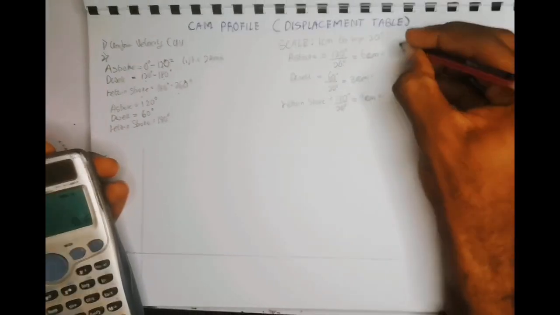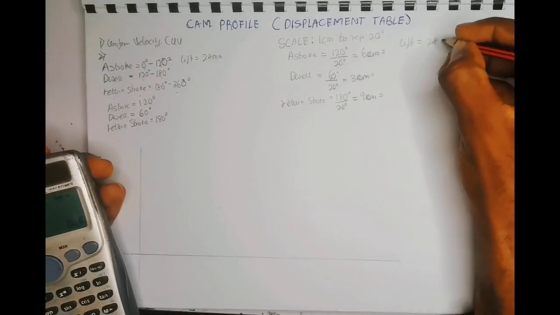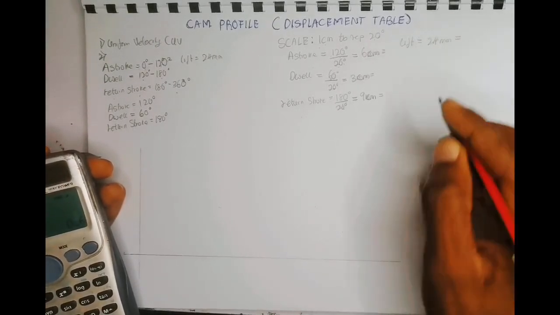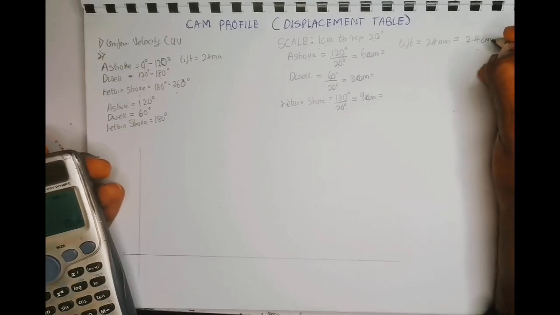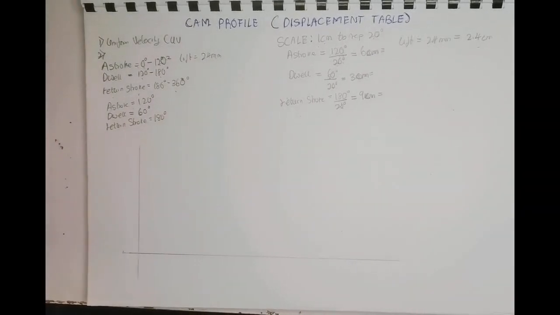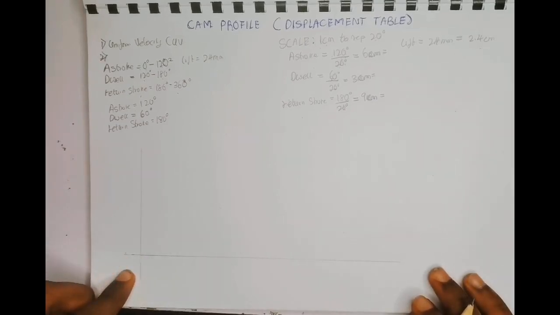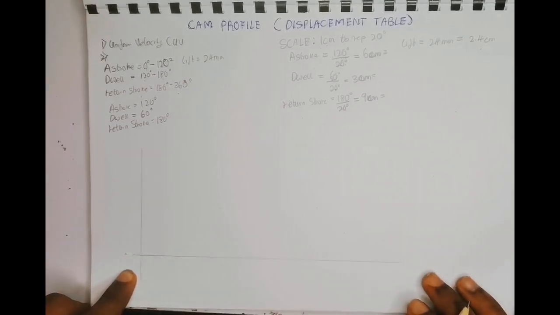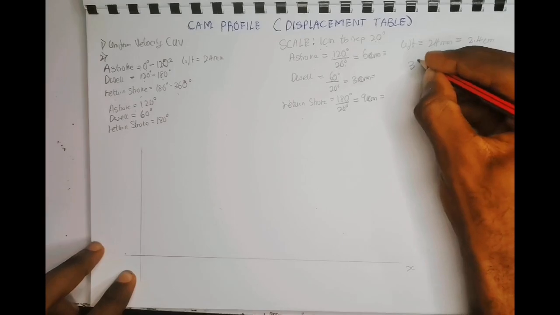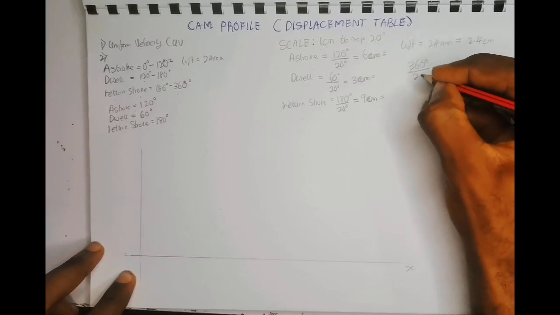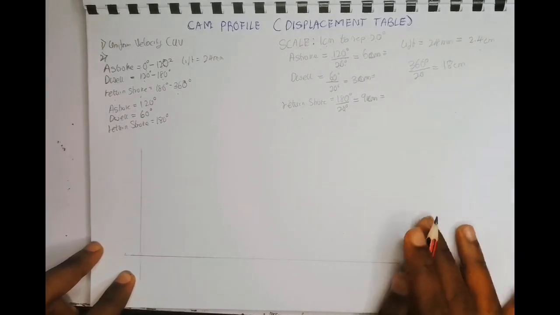Next, we convert our lift, which was given to us as 24 millimeters in the question, divided by 10, you get 2.4 centimeters. Also, the total length of the x-axis is 360 degrees, also divided by our scale, which is 18 centimeters.